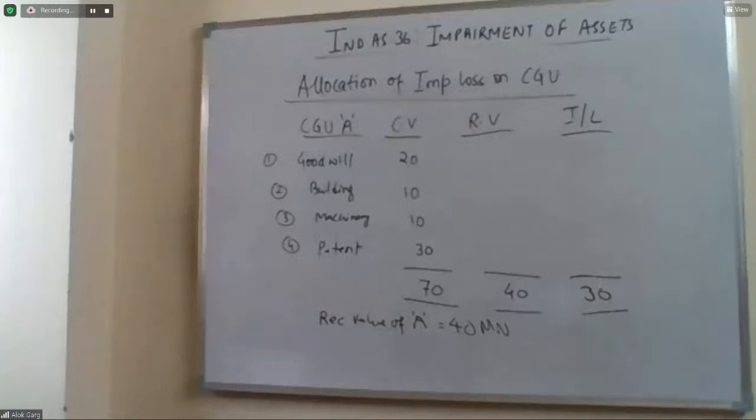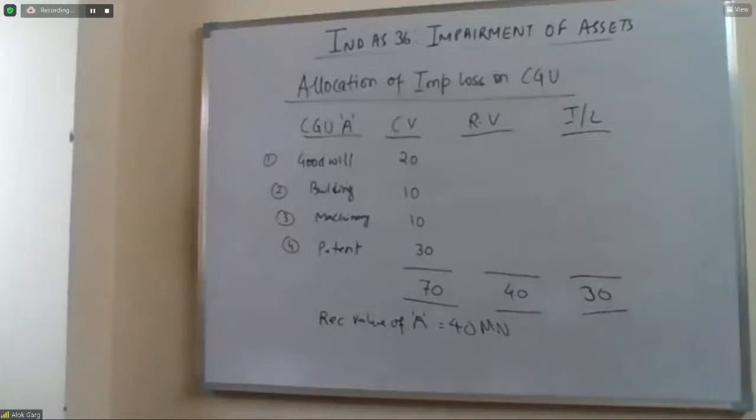Now the question arises, sir, in CGU A, there are four assets: goodwill, building, machinery, patent. The total carrying value is 70 million and the recoverable value is 40 million. Now the impairment loss on this entire group of assets is 30 million.